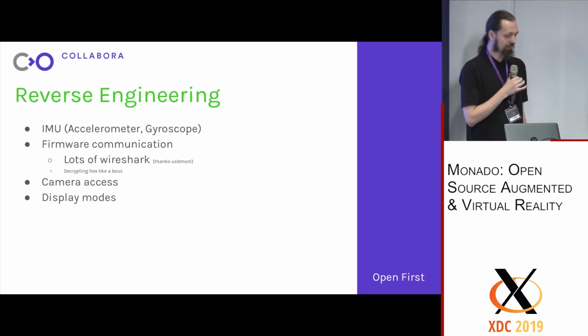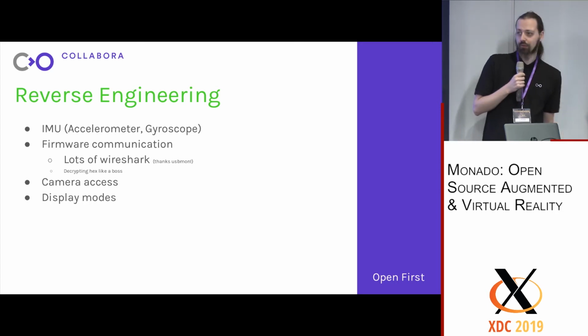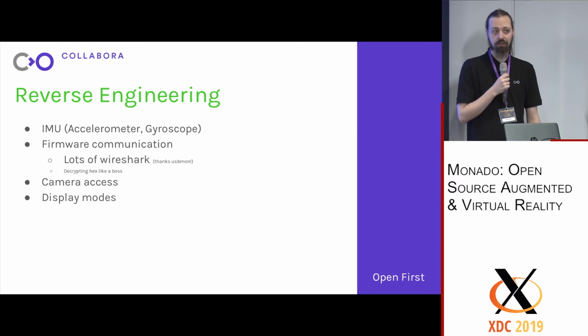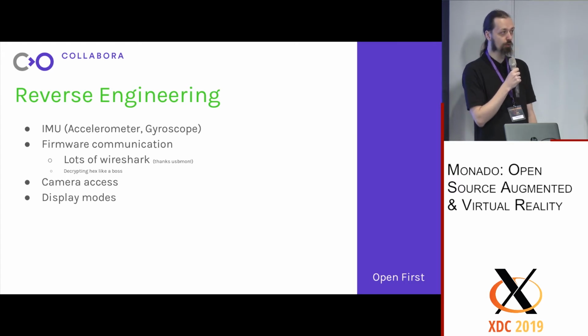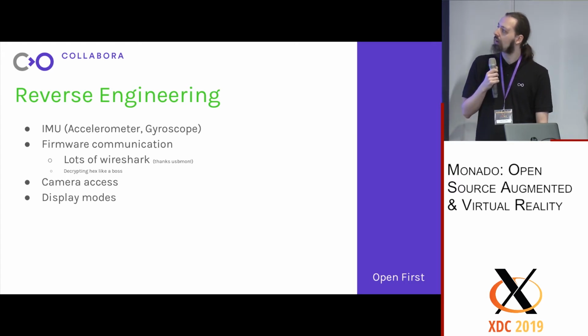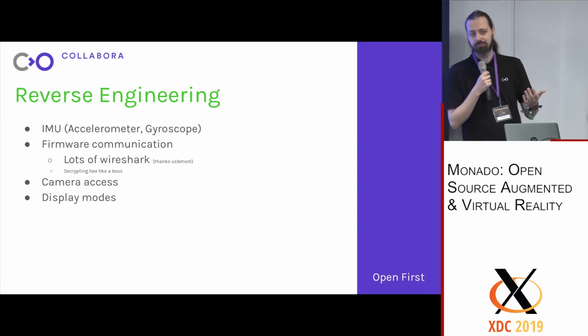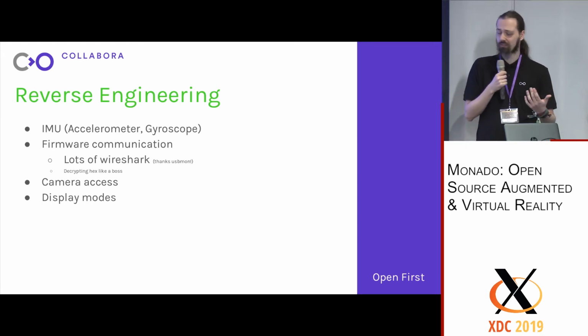So reverse engineering is a big part of the current infrastructure. Hopefully, eventually, this is changing. There have been some efforts into creating more open platforms for VR, but unfortunately that's not really the case yet. So reverse engineering is the only option. Since every HMD has a couple of the same components, it became kind of a routine for us.